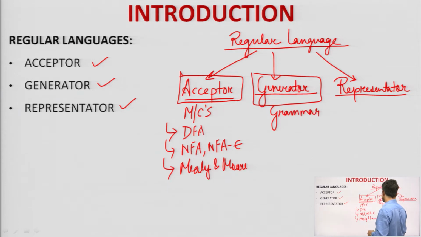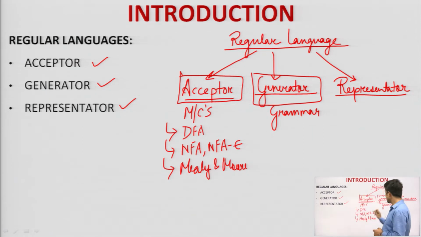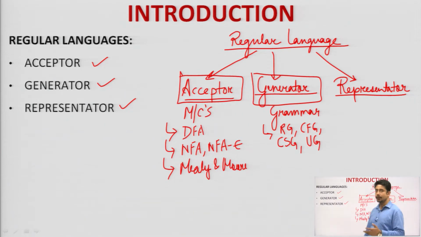I think I mentioned the grammar terminology in the previous lecture. You will properly look at this topic after unit number 2, that is in unit number 3. Here you will come across regular grammar, context free grammar, context sensitive grammar and unrestricted grammar. So, these are different types of grammars.